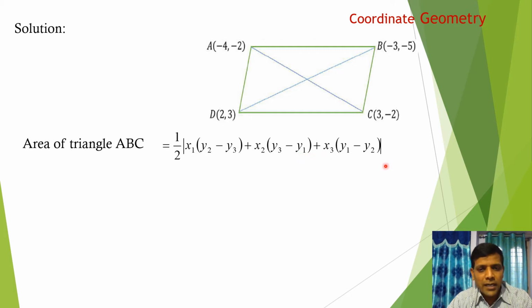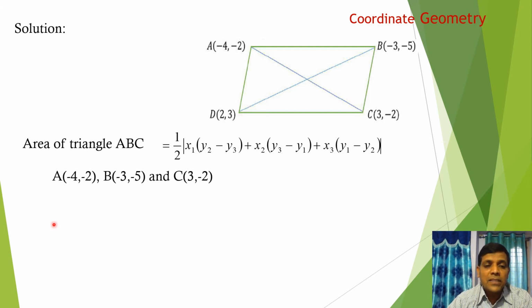So write down the coordinates of A, B and C. A (-4, -2), B (-3, -5) and C (3, -2). Here x1 is -4, y1 is -2, x2 is -3, y2 is -5, x3 is 3 and y3 is -2. So replace the coordinates in the given area of triangle formula.